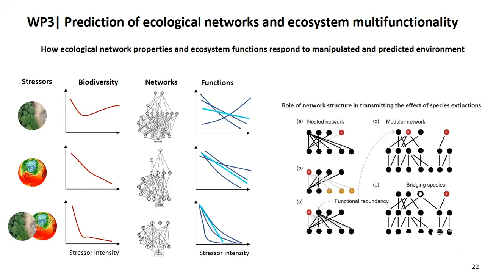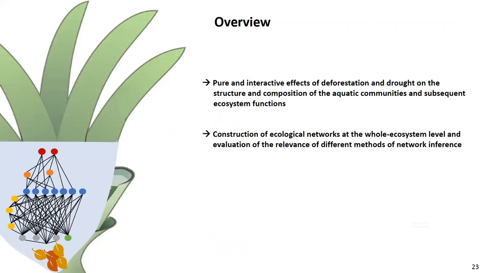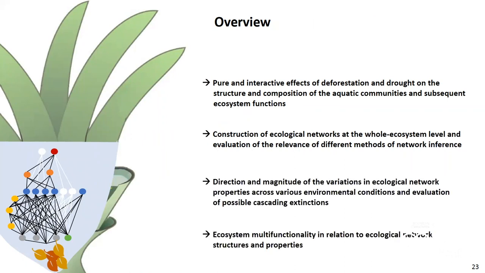So very quickly to sum up, in this project, we have the ambition to study the pure and interactive effects of deforestation and drought on different levels of biological organization. We want to reconstruct ecological networks at the whole ecosystem level and also to evaluate the relevance of different methods of network inference.